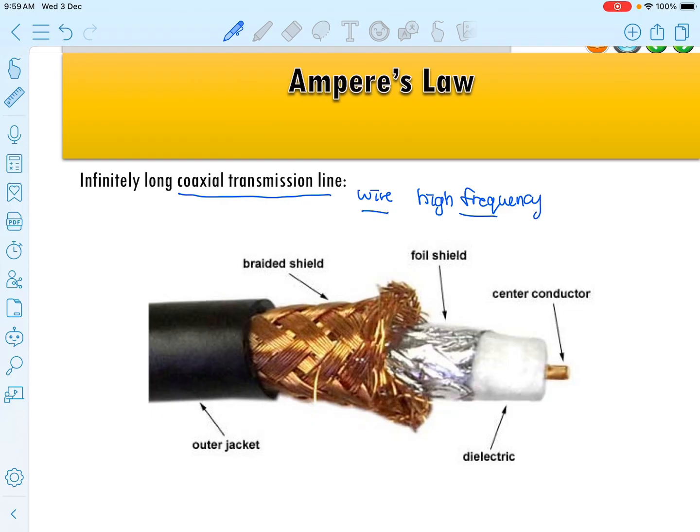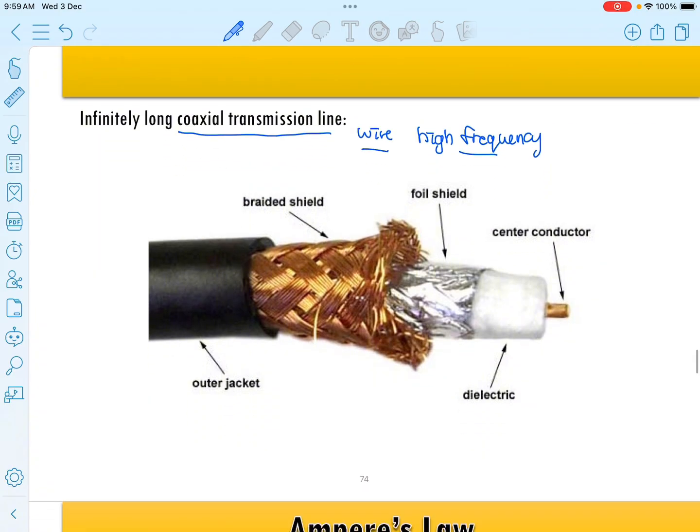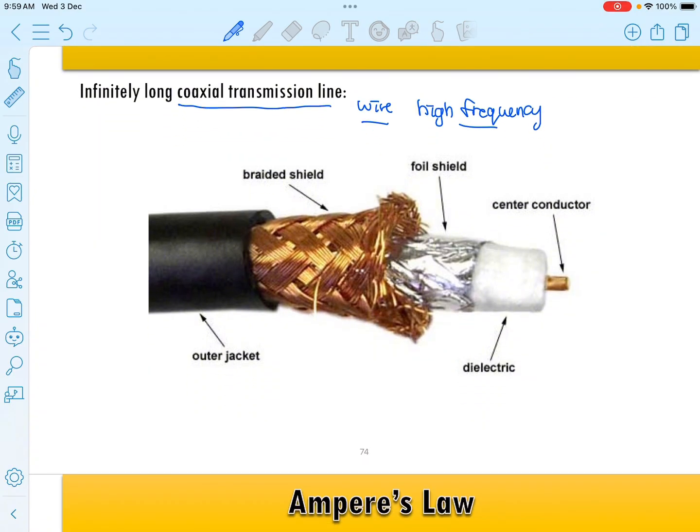So this is the structure of the coaxial transmission line. Usually you will see a black rubber covering the inner structures of this coaxial line, and if you open it up, you can see that there is a braided shield. This is for shielding purposes, in order to protect the wire inside.